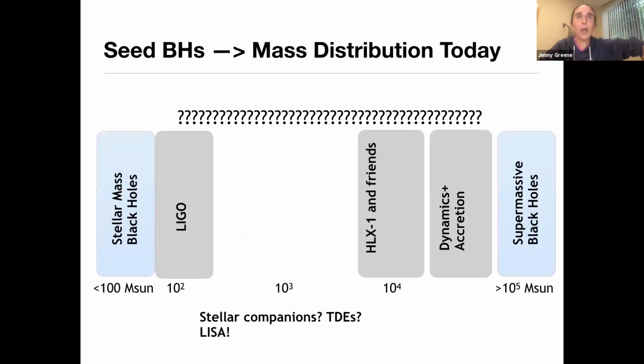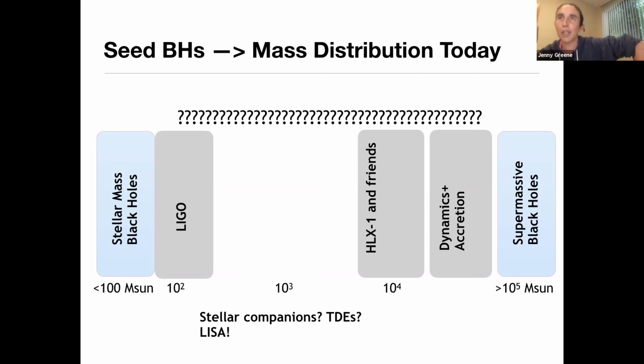Yeah, so here's where we are, state of play. LIGO has gotten us to 100 and is creeping upward. Advanced LIGO will move that mass sensitivity upward. And HLX1 and a couple of things that are not as secure live in this 10^4 regime.